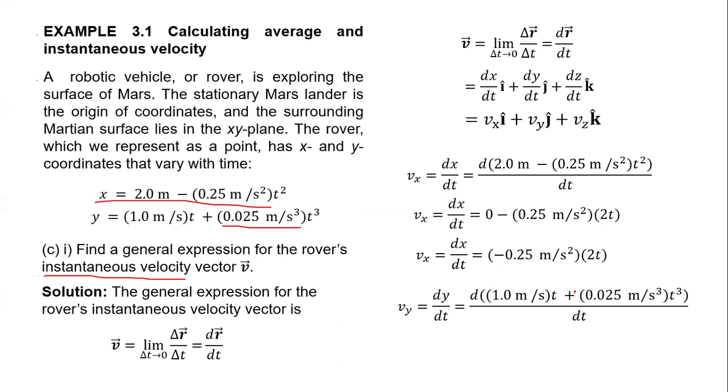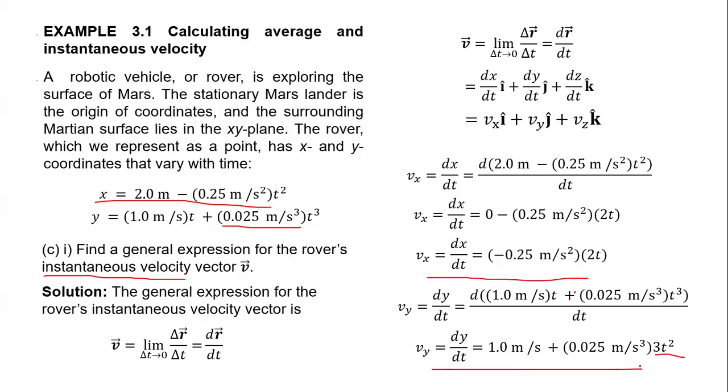There must be 3 here, 3t squared. The derivative of t is just 1. So we have now the Vx and the Vy. Okay, so that's the general expression for the instantaneous velocity vector v.